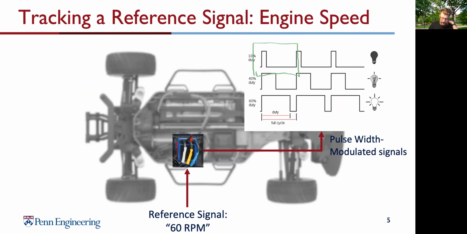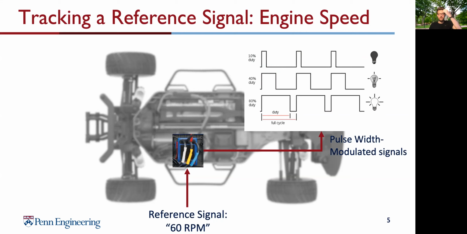This full cycle has one part which is a digital 1, what you can see here, and has one part which has a digital 0, what you can see here. And by shifting the length of both parts, we can achieve a so-called PWM signal, a pulse width modulated signal.